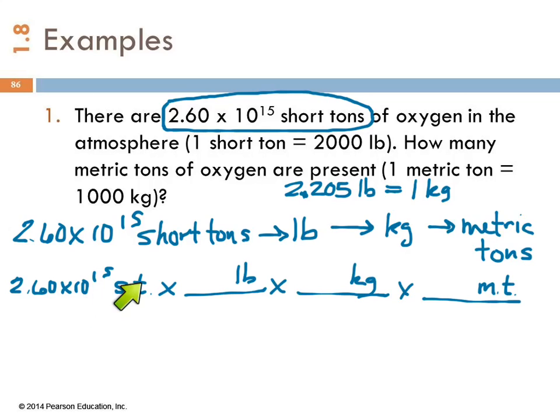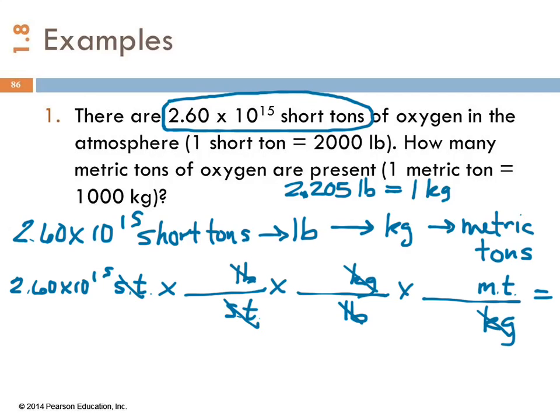We want to get rid of short tons, so we divide by it. It cancels out. We've got pounds, we want to get rid of it, we divide by it. Cancels out. We've got kilograms, we're going to divide by it to make it go away. The unit we're left with, metric tons, is what we're trying to find.